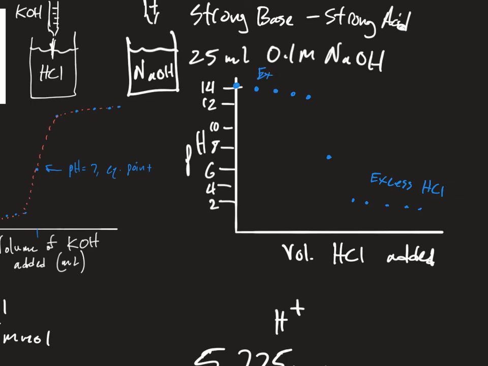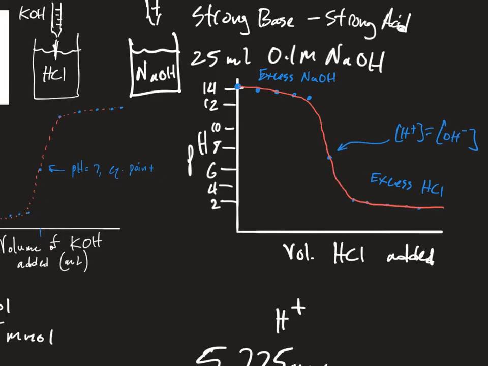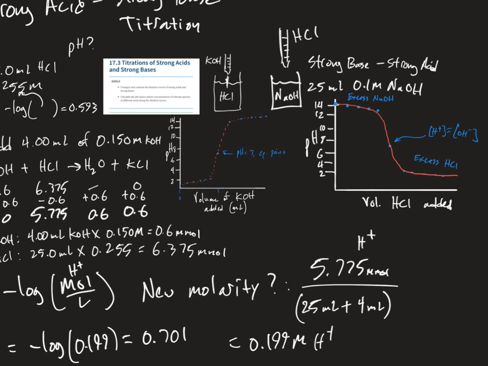This is excess NaOH. And this is where H plus equals right there. So same type of curve, just flipped in that direction. So that's pretty much section 17.3. Make sure you go through all the practice problems in that chapter to understand how to do these pH calculations.